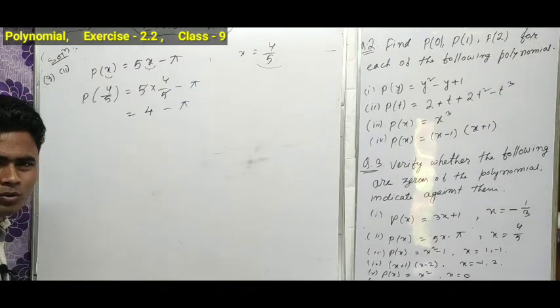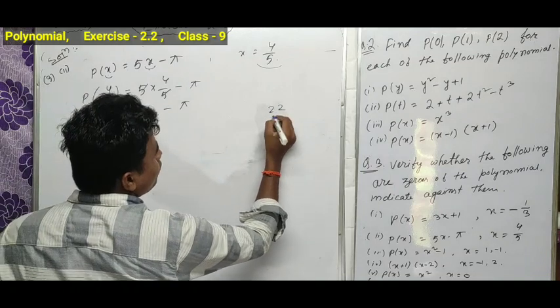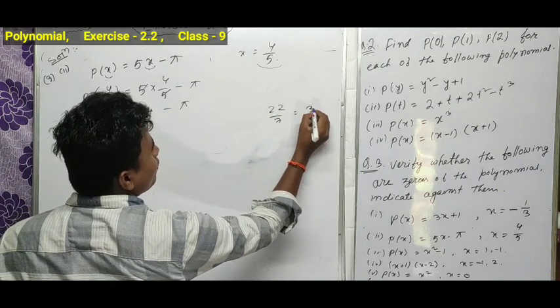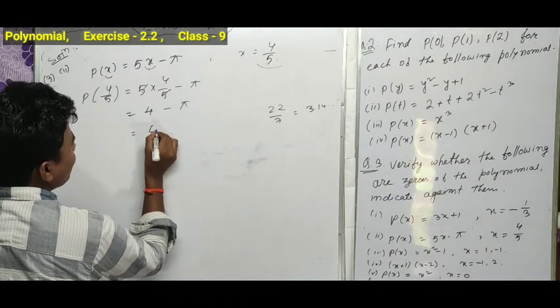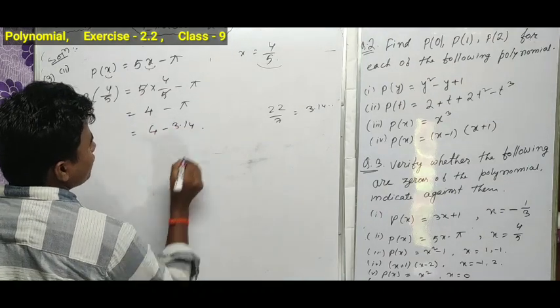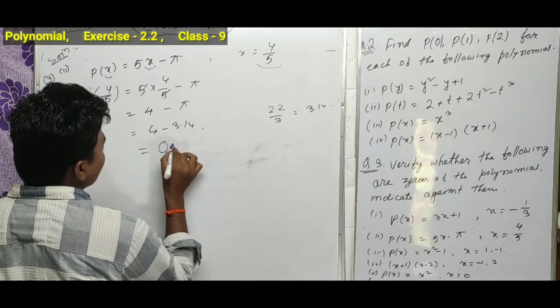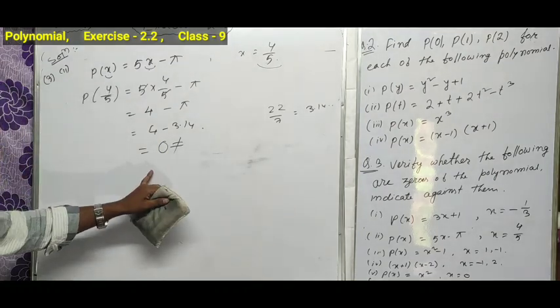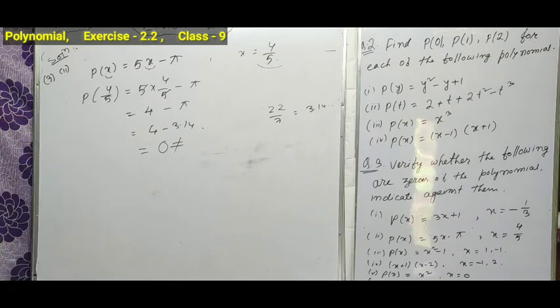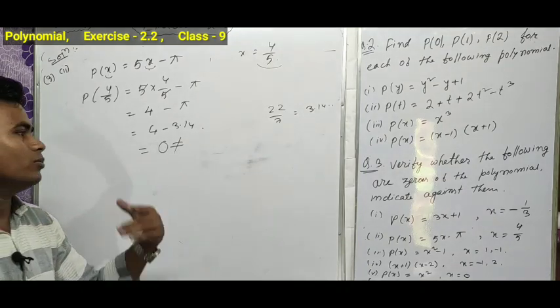You know what's the value of pi? 22/7 and approximately 3.14 something. So we can put here 3.14, yes, but this is not equal to 0, isn't it? So we can write that this is not a 0 of polynomial.